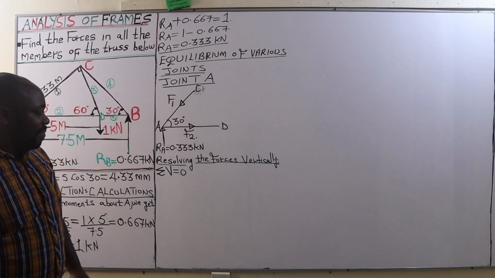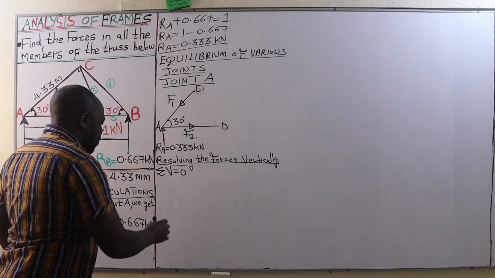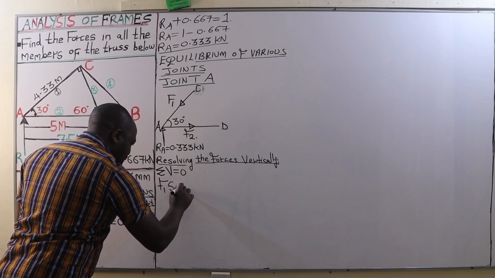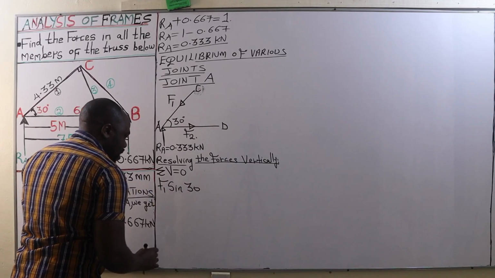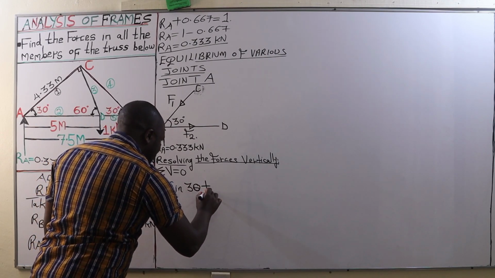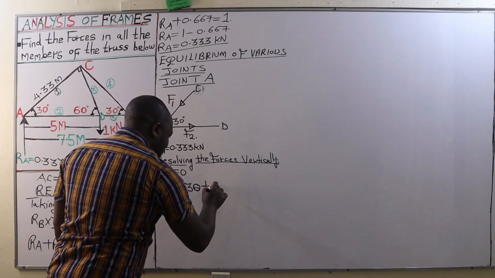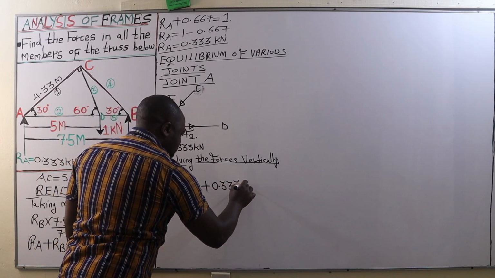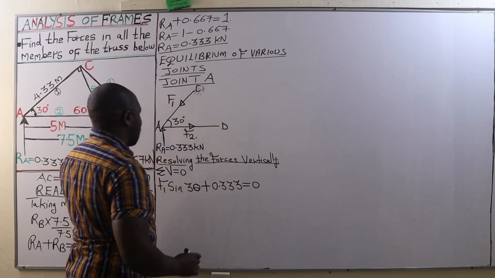And therefore, vertically, we are going to have F1 sine 30 plus the reaction at A, which is 0.333, equal to 0.